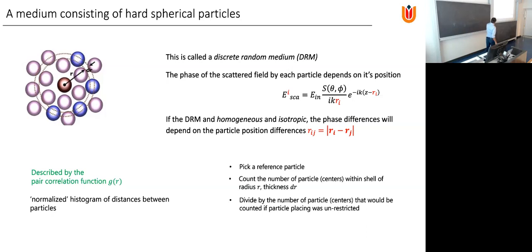It says here "normalized histogram" between quotation marks because this histogram is not really normalized in the conventional sense, but it's scaled because we divide that particle count that we have by the number of particles that we would count if the placing was unrestricted.